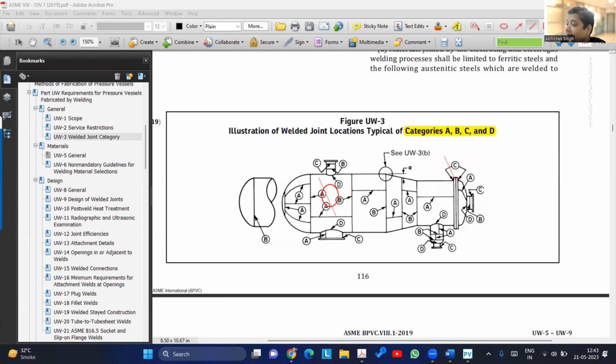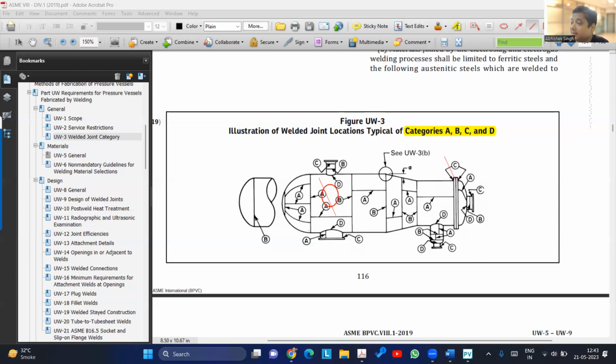Yes, PTC is required to test the mechanical properties, but that is not for each and every weld. You don't have to take out a PTC. So product test coupon, sometimes for impact testing you may have, sometimes for post-weld heat treatment you may have.